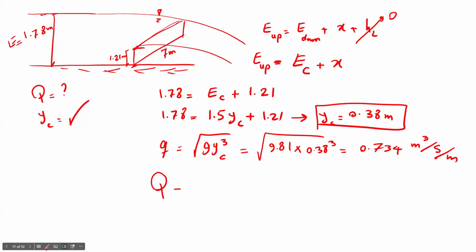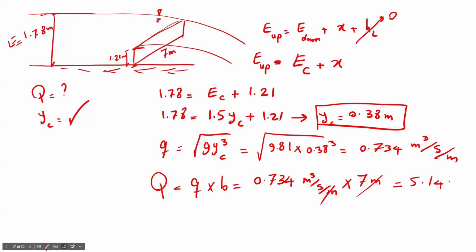To find the discharge, you need to multiply it by B, 7 meters. This gives you 5.14 cubic meter per second.